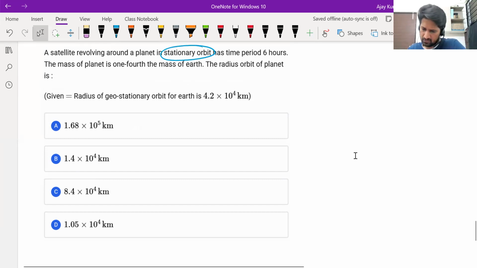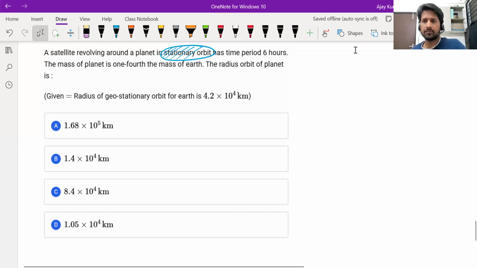Radius of geostationary orbit of Earth, they have given 42,000 kilometers. They're asking the radius in which it is revolving. They have given time period also. So I don't think you need to bother much about this term stationary orbit. Just an orbit. Fine.